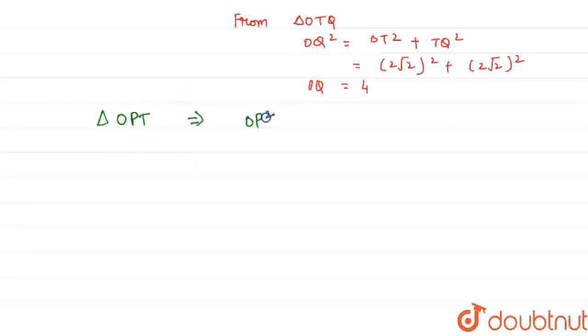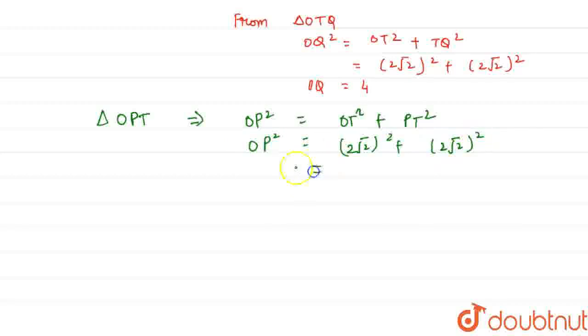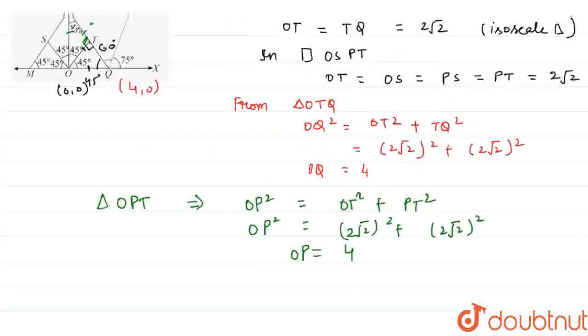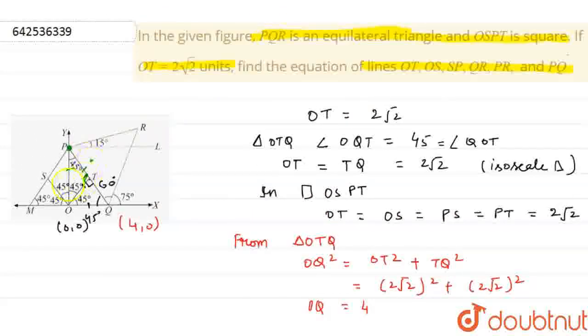So OP square is equal to OT square plus PT square, right? We have the value of OT as well as PT. So OP square is equal to 2 root 2 square plus 2 root 2 square, and this OP will be 4, right? So we have the length of this OP. This is 4 from this triangle. So the coordinate of this P is 4, 0.